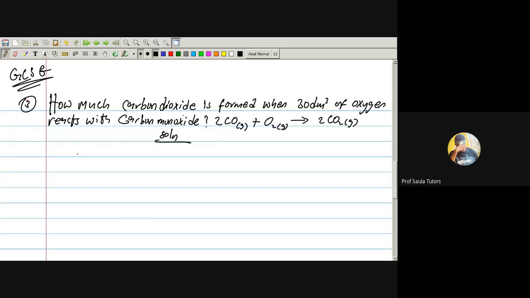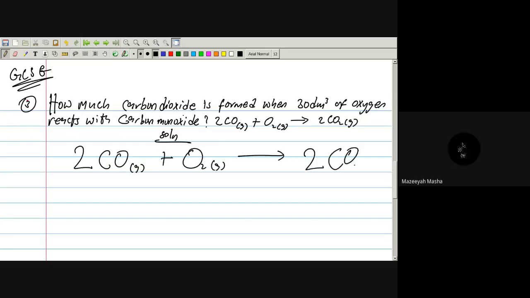So you have this equation: 2CO gas plus O2 gas going to give 2CO2 gas. Let me interpret this for you. You see what is here? It's telling you that 2 mole of carbon monoxide reacts with 1 mole of oxygen gas to produce 2 mole of carbon dioxide.